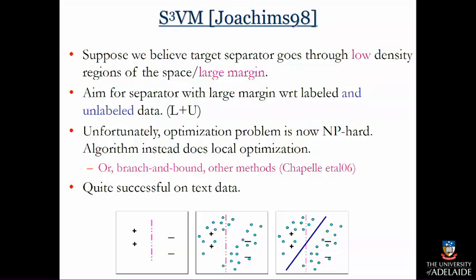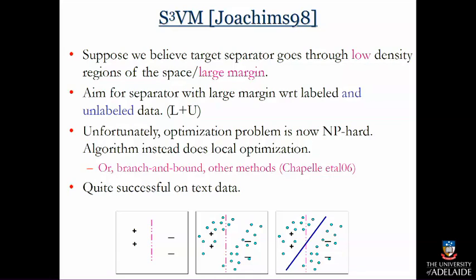The problem is still NP-hard, and the computational complexity of branch and bound is exponential. It's not polynomial, right? It's exponential in terms of the number of variables. Here, it's the number of unlabeled data points. Okay.